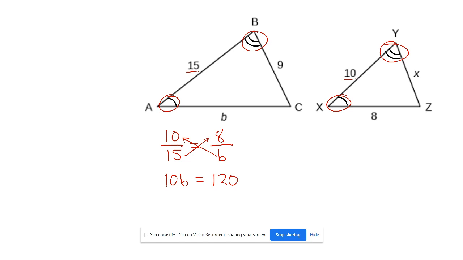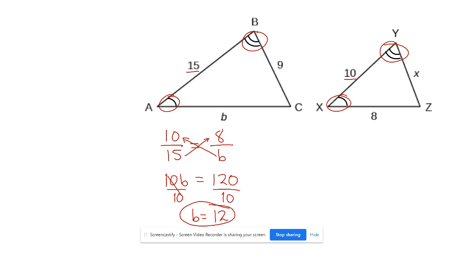And then to solve for B, we can just divide by 10. And B ends up being equal to 12. And that number seems like it's in the right ballpark for that triangle, but let's keep working and make sure it's consistent. Let's go ahead and find X.